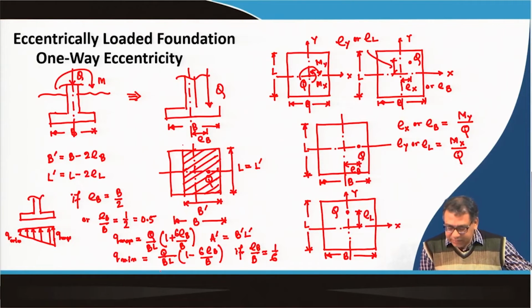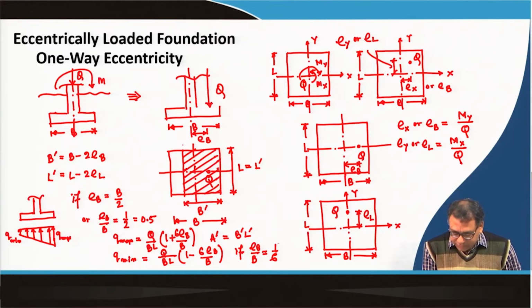That means if e_B by B is more than 1 by 6, then a negative pressure will be developed below the footing. So, that is why this 1 by 6 is a value that we have to keep in mind.